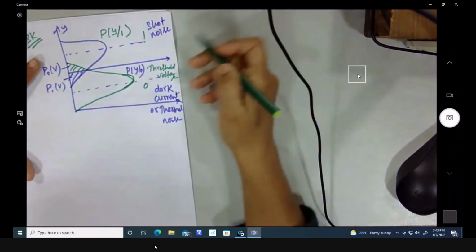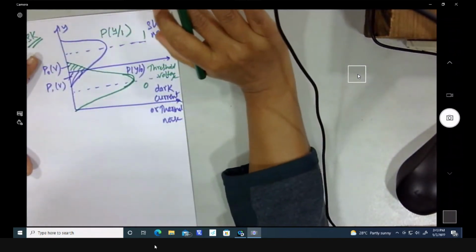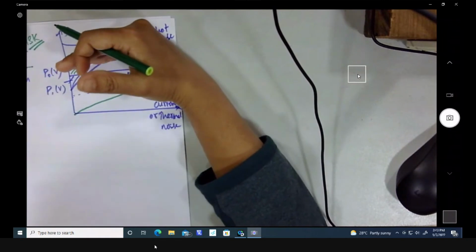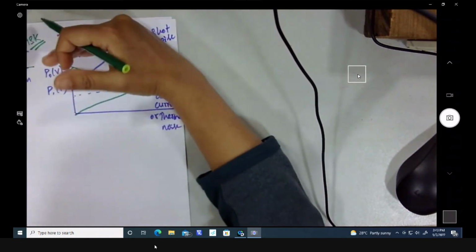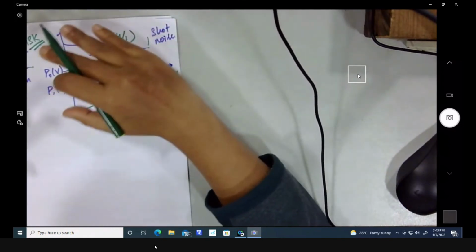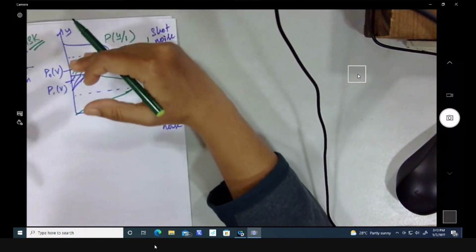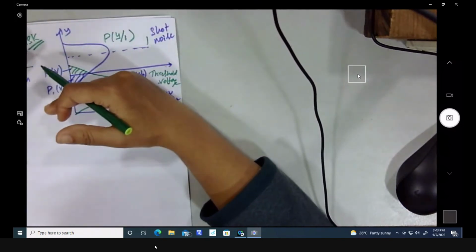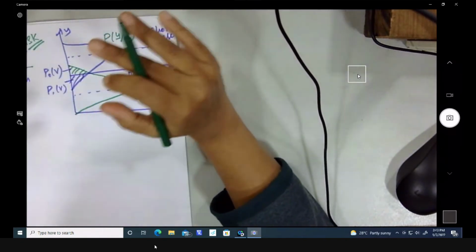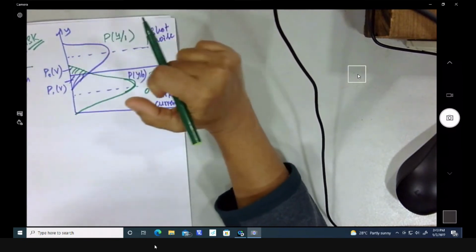So when you see here, again, this is the threshold voltage. We can consider either threshold current or threshold voltage. A 1 bit that falls on this distribution above this threshold value, we are going to detect as a 1 bit. When it falls below this threshold voltage, we are going to detect that as a 0 bit. These two are the density functions.